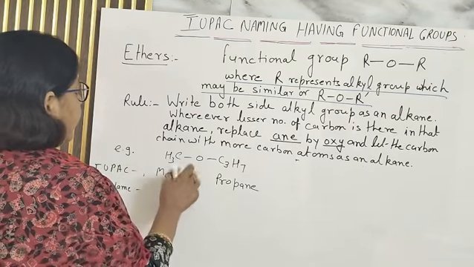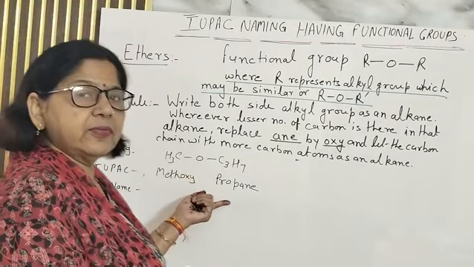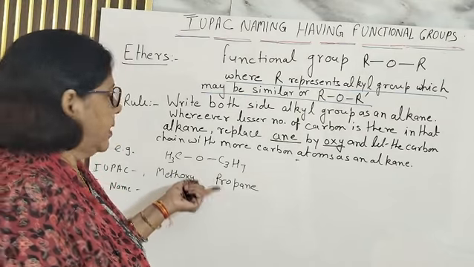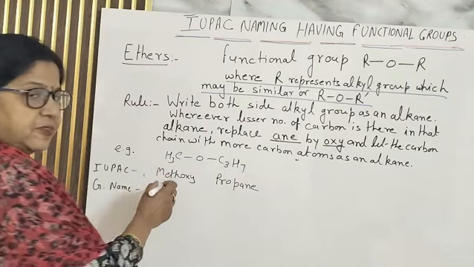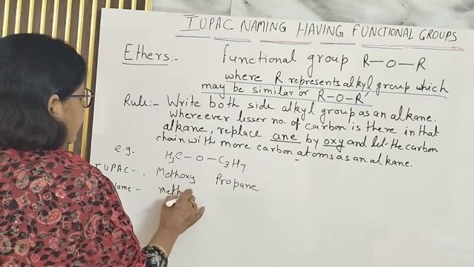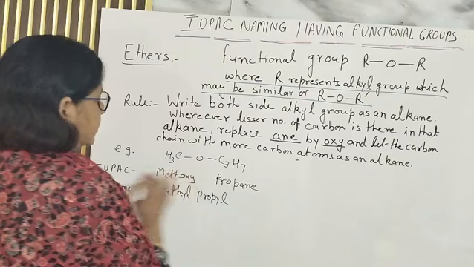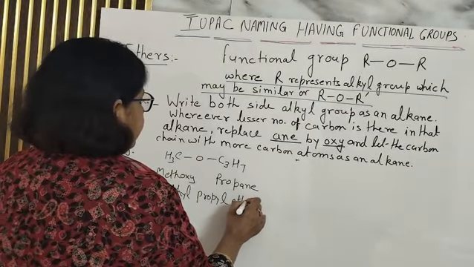I replace ane by oxy, methoxy, and then it will remain propane: methoxypropane, right? And the general name will become what? M comes first, so methyl propyl ether, that is the general name.